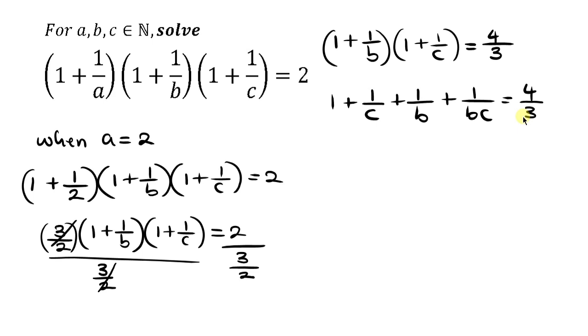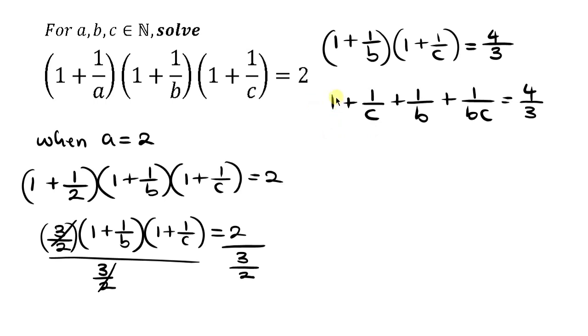Our next step will be for us to clear the fractions, and in order to do that, I'm going to be multiplying through by the LCM. So the LCM of C, B, BC, and 3 is 3BC. So let's multiply through by 3BC.